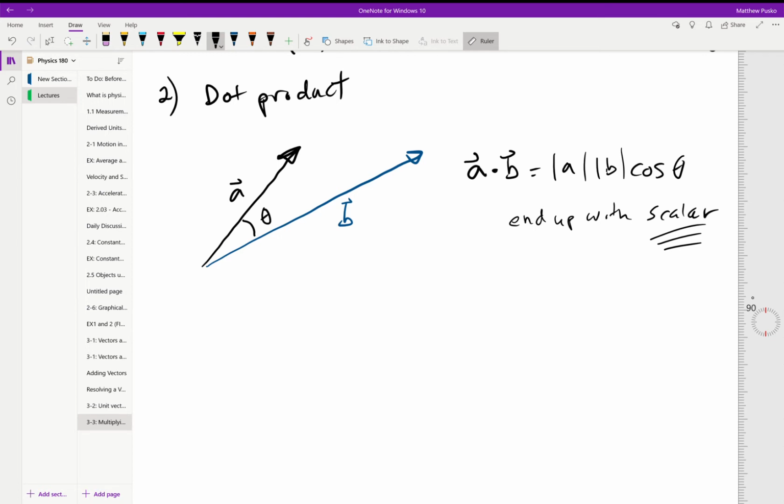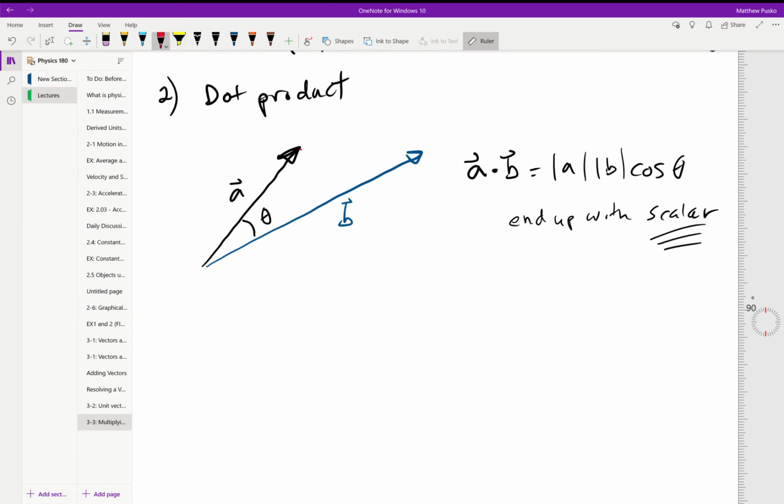And what it is doing, you can think of it in two ways, and I'll help you with an example using force and displacement in a moment. You've worked with work before. I know you have in high school. But what's it doing for just two generic vectors a and b?